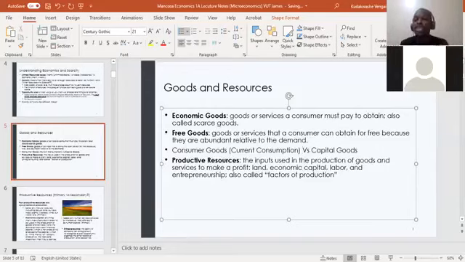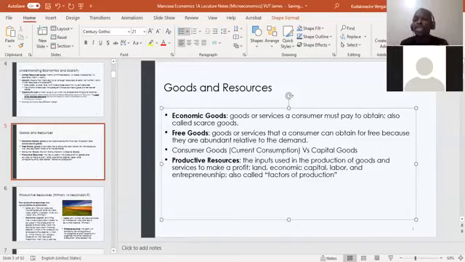Okay. So the theory of the PPC, or what we call the production possibility curve, is sometimes also referred to as the production possibility frontier, as some examiners like. So it's now PPF, production possibility frontier.